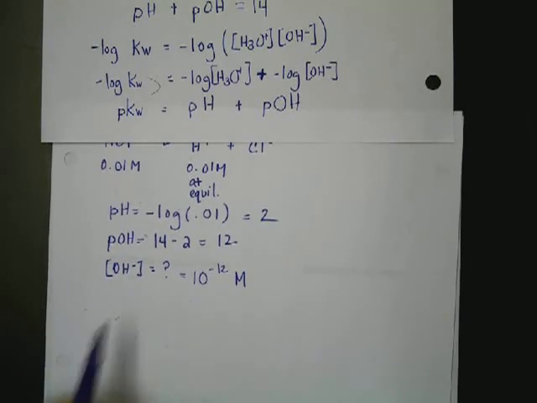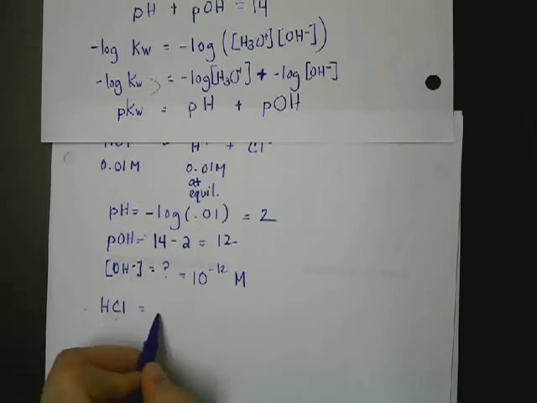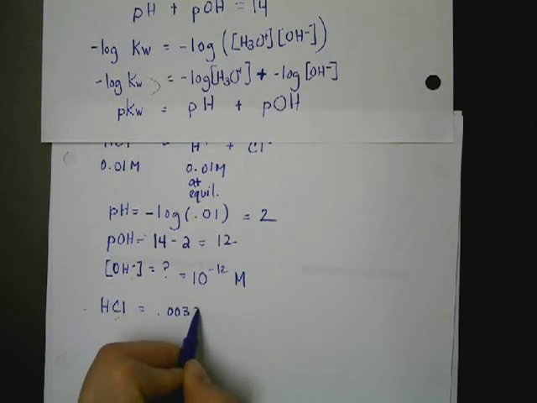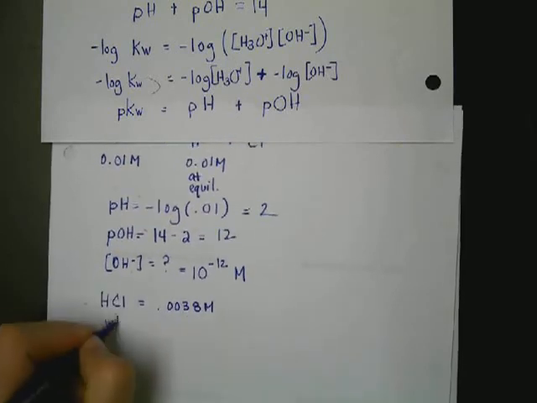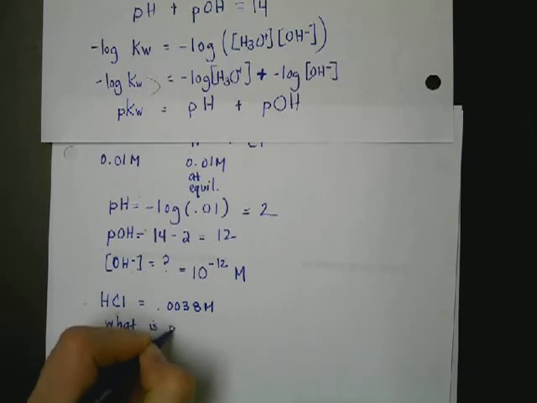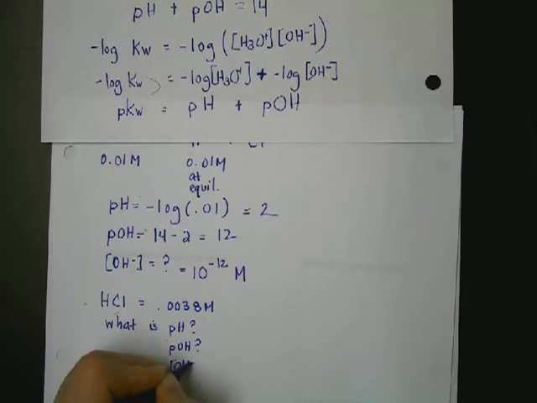All right, let's do one that's not so straightforward. Let's say our concentration of HCl is 0.0038 molar. What is the pH? What is the pOH? What is the hydrogen ion or hydroxide ion concentration?